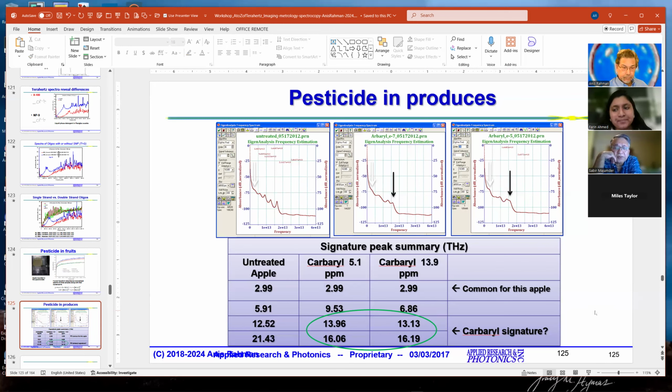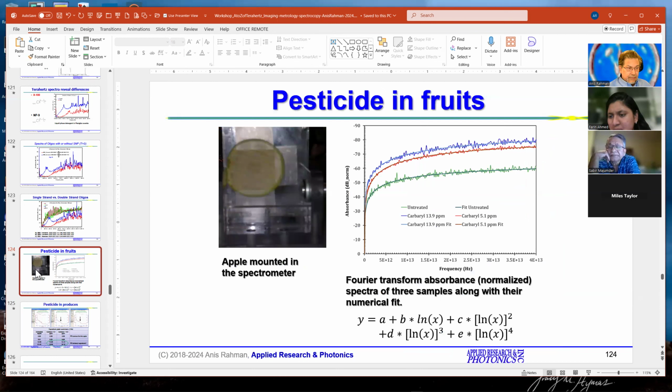So it's an obvious thing, but I am assuming that the carbaryl samples were also done with a pure, non-apple sample with the chemical only for matching purposes. No, I don't think we did that.